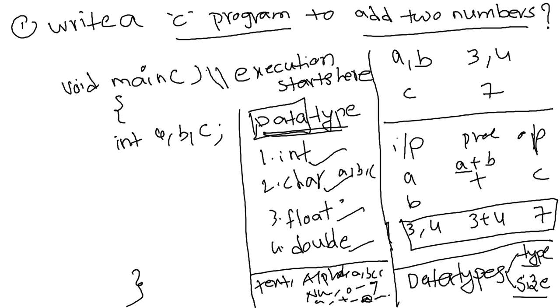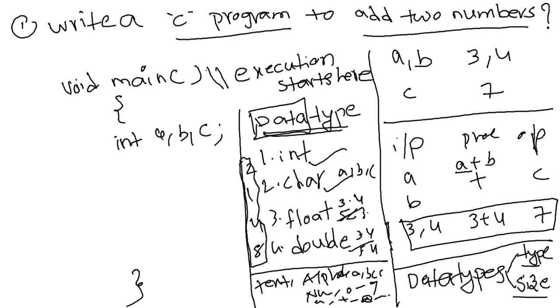Float will deal with decimals like 3.4 or 5.6 or 7.5. Double also will deal with decimals like 3.4 or 5.4, but the sizes will be 2 bytes, 1 byte, 4 bytes and 8 bytes, depending upon the bit of the operating system, 16-bit, 32-bit or 64-bit.